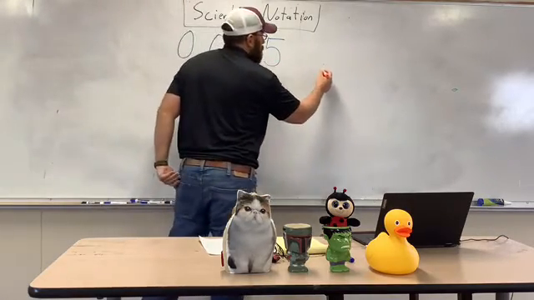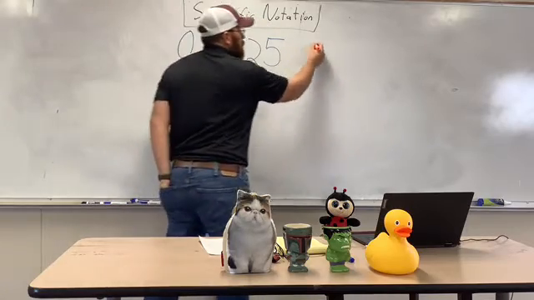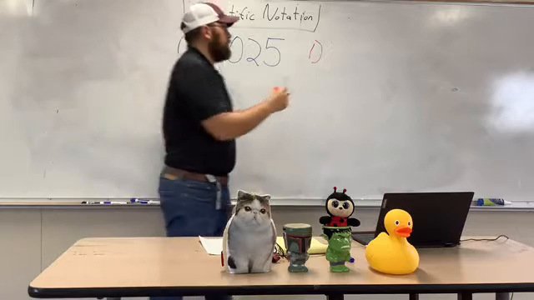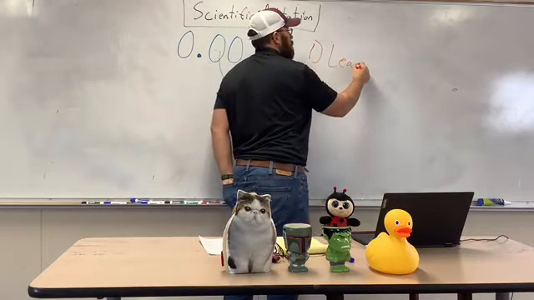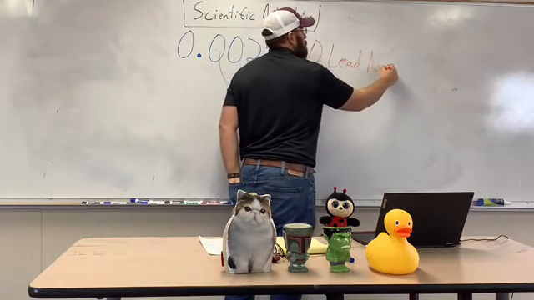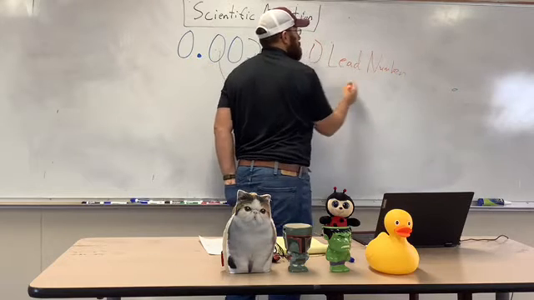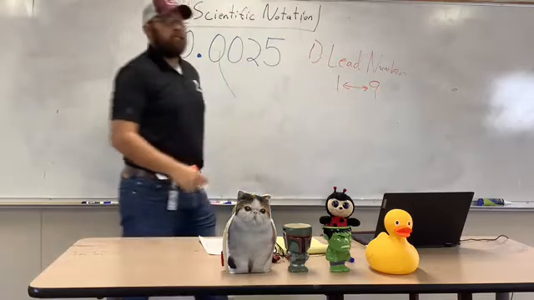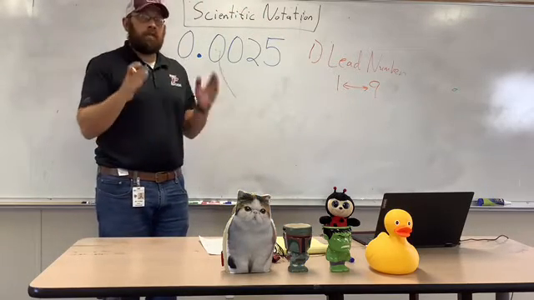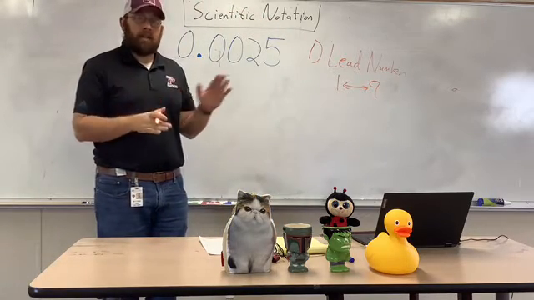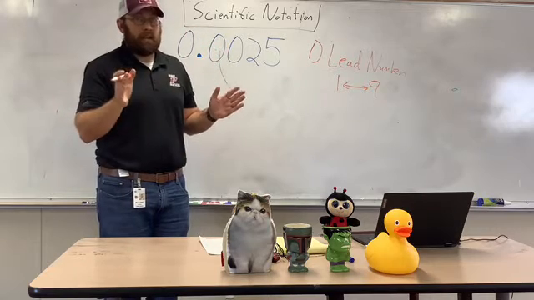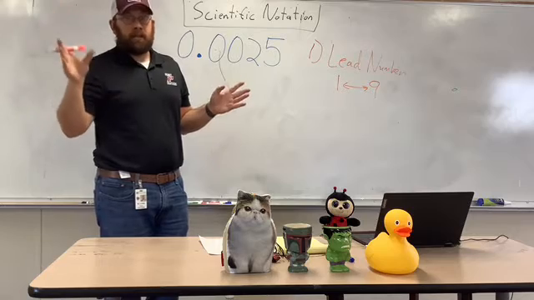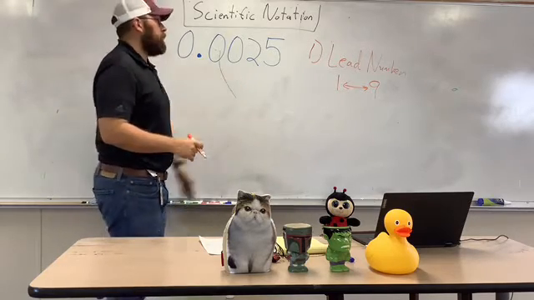So what I want here, one, is I want the lead number to be between 1 and 9. The very first number you're going to have in scientific notation is always going to be between 1 and 9. It's not going to be 0, it's not going to be 20, and it's not going to be 10. Alright, between 1 and 9.